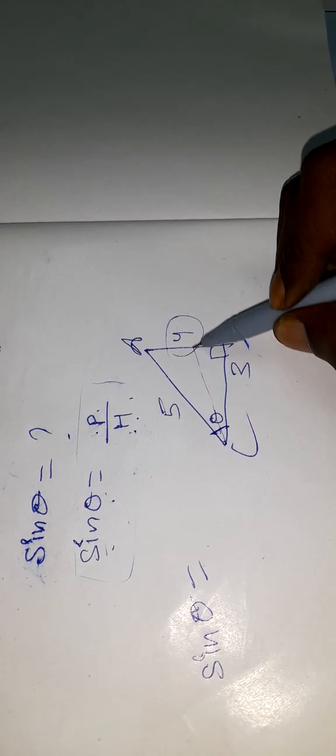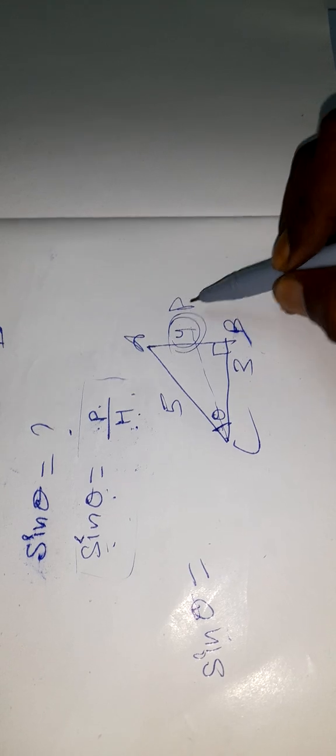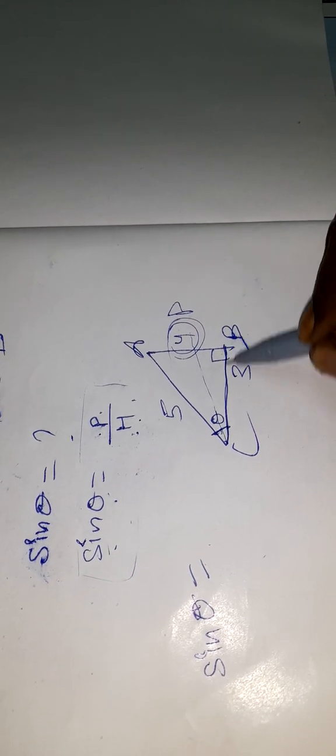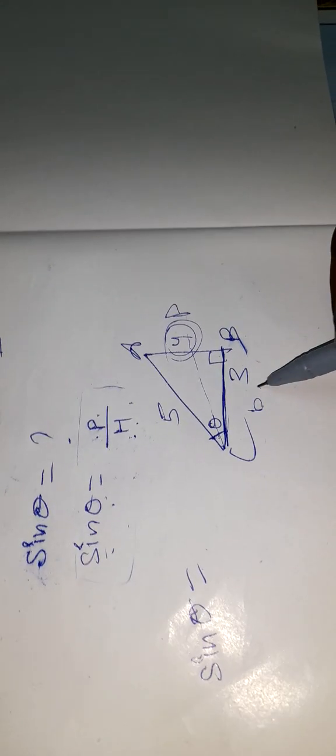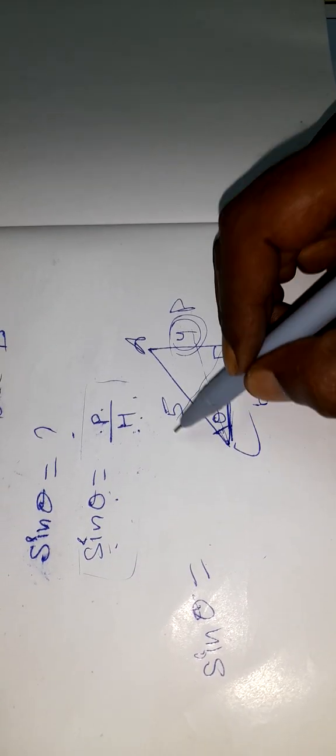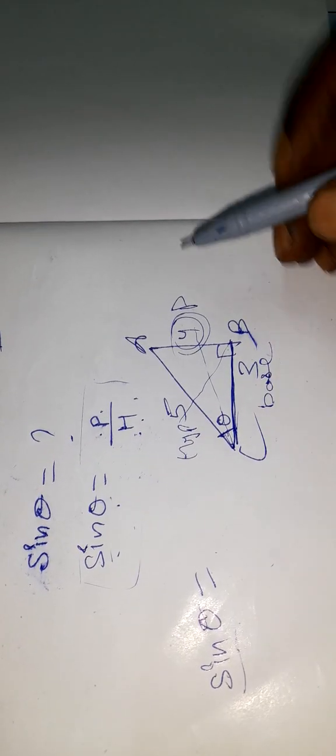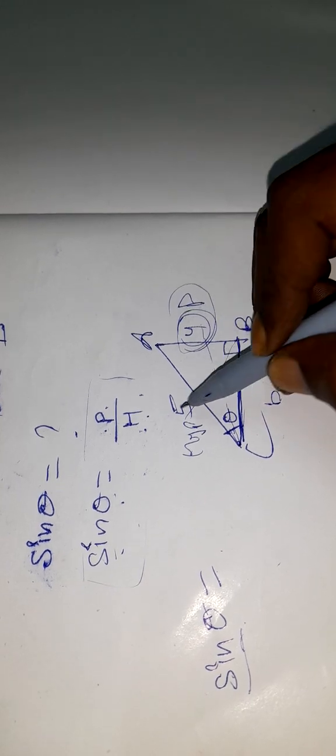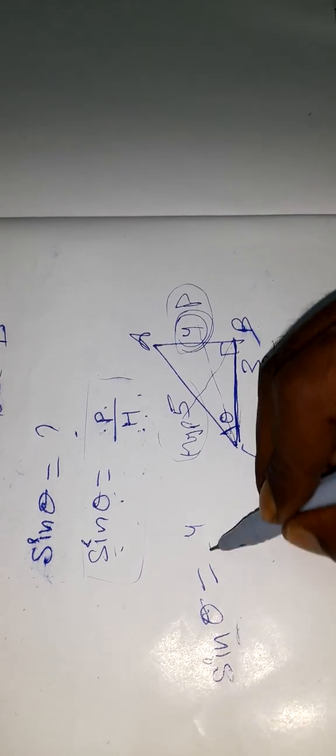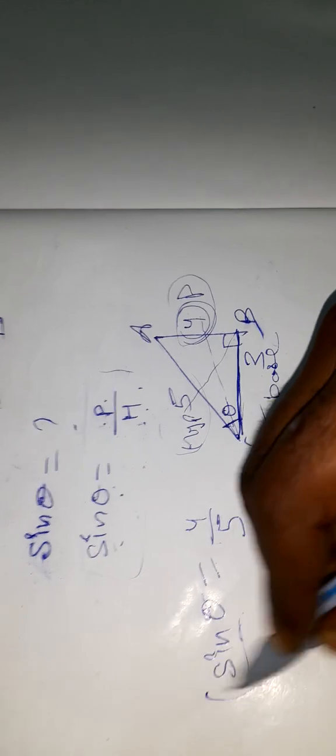As I told you, sin theta is perpendicular upon hypotenuse. Perpendicular is always the side opposite to theta. Where theta rests with the 90 degree angle, that is the base, and the longest side, opposite to the 90 degree angle, is the hypotenuse. So sin theta is perpendicular upon hypotenuse, which is 4 by 5 for this triangle. I will be explaining more.